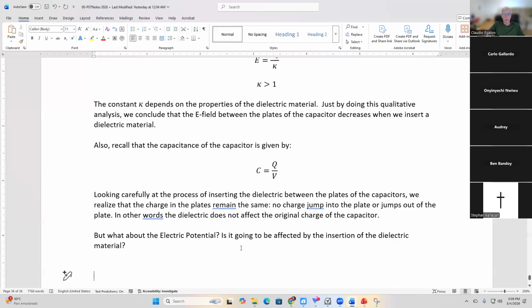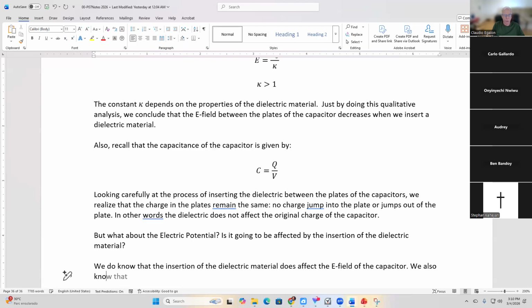About the electric potential, is it going to be affected by the insertion of the dielectric material? Okay, so let's examine. We do know that insertion of the dielectric material does affect the electric field of the capacitor.